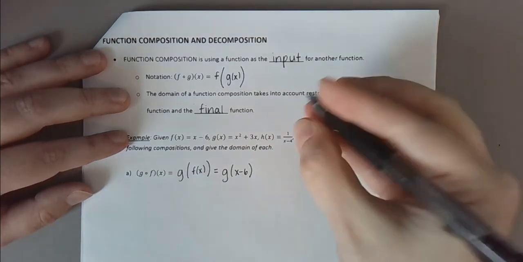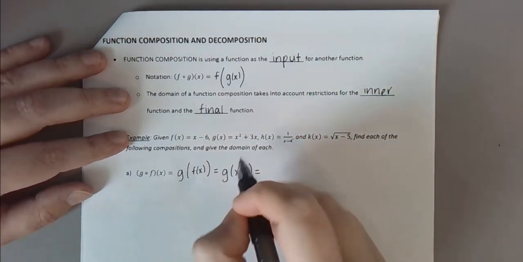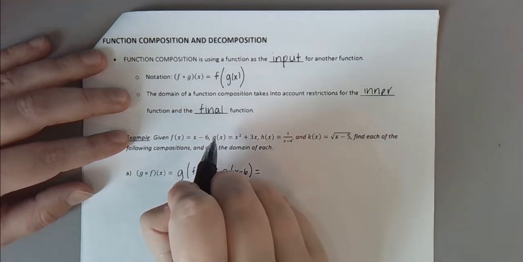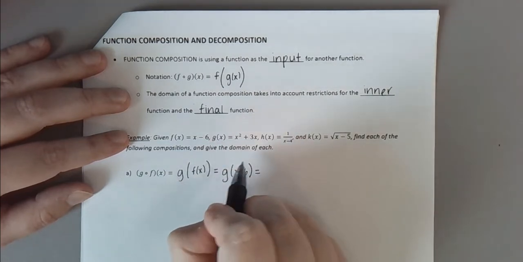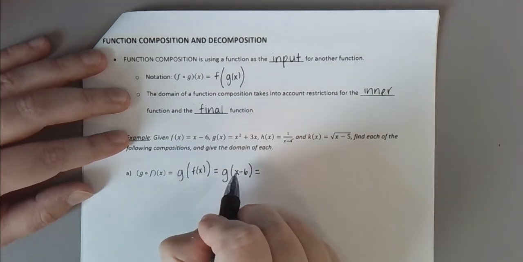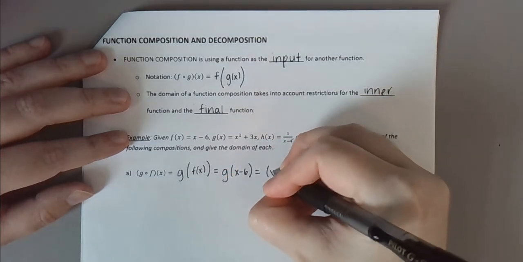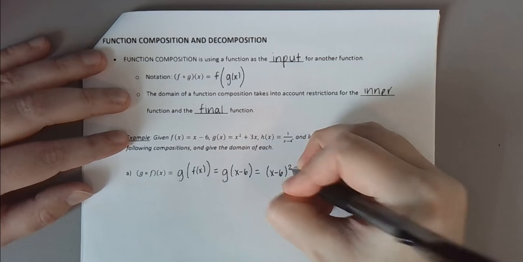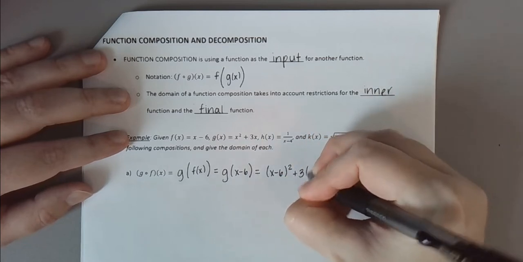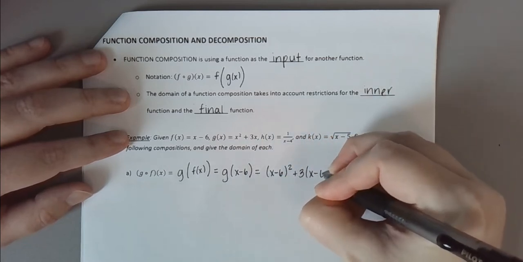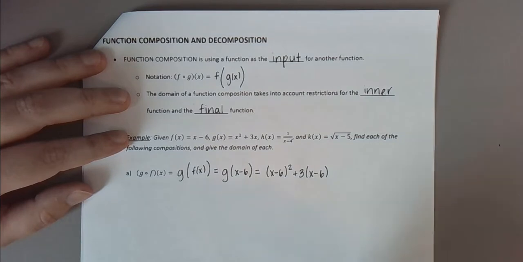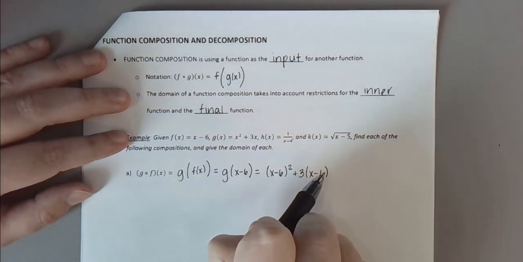So now we can just proceed. This is telling me to take the function g and then sub in the specific input x minus 6 in place of our generic input. So that's going to be (x minus 6) squared plus 3 times the quantity (x minus 6). Now it's just a matter of simplifying all of this down.